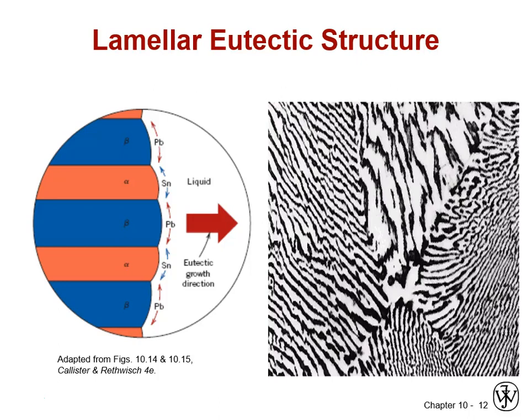These are called eutectics when they form spontaneously upon solidification of a liquid, and they're called eutectoids when they form from another solid, so a solid-solid transformation. This schematic gives you an idea of how and why they form. Again, this is a spontaneous change driven by an overall energy reduction in the system.